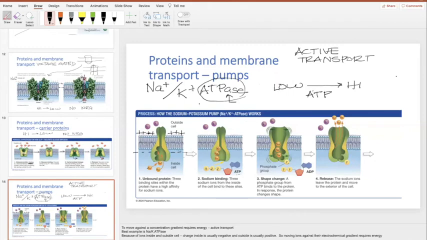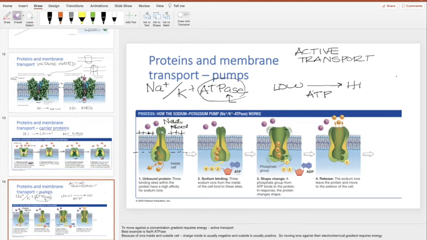So what that means is there's lots of, like you see potassium's here and it's positive, there's probably lots of sodium out here, it's also positive. So if we want to move sodium from inside the cell to outside the cell, then we're going to be going against the concentration gradient from a low concentration to a high concentration, and that's going to require energy.